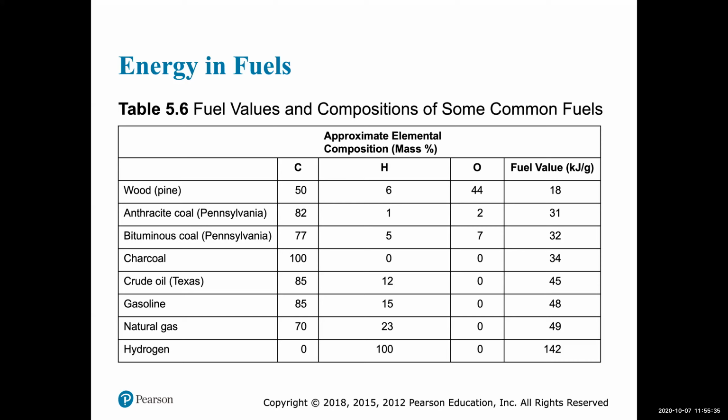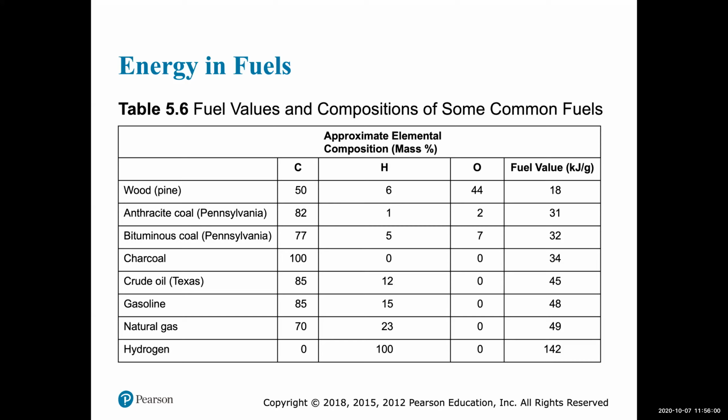The other one that's kind of interesting is this table of fuel values for fuels. A couple of things you'll notice. Hydrogen really has a high fuel value. That's why you see some hydrogen-powered vehicles, and people look into that. The petrochemicals are pretty similar. Coal's less, and that's one reason people don't like coal.